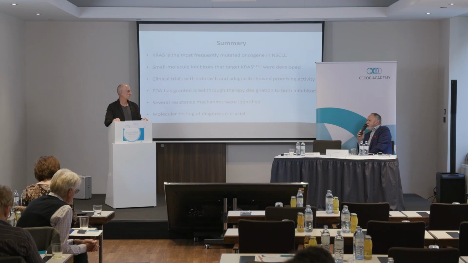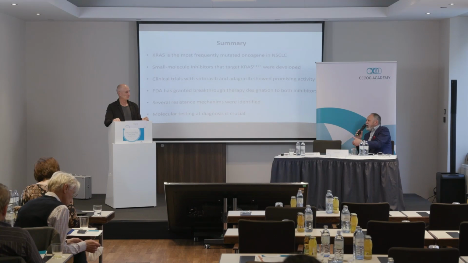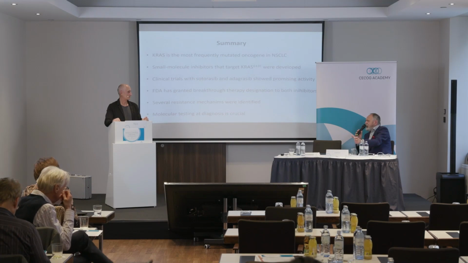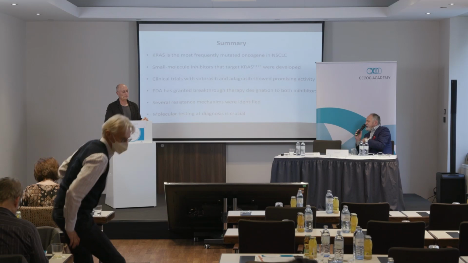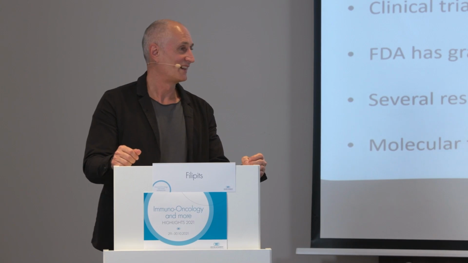So the question here, which was also asked on the internet a couple of times, is: are we not too specific by targeting just one mutation? Because when you showed the different mutations that are present, the question came up whether it would not be wise to look for a broader spectrum of tyrosine kinase inhibition. That's a good question.